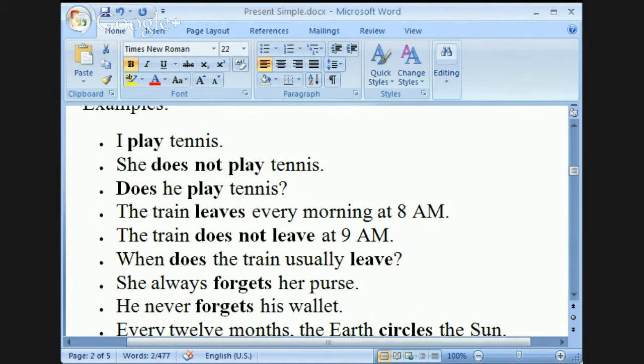By the way, sometimes we say simple present, sometimes present simple. I don't know why, but it really makes no difference. Okay, Raphael, I drive all the mornings. You should probably change that slightly to I drive every morning. All right, that's a little better. Thank you. You're welcome.